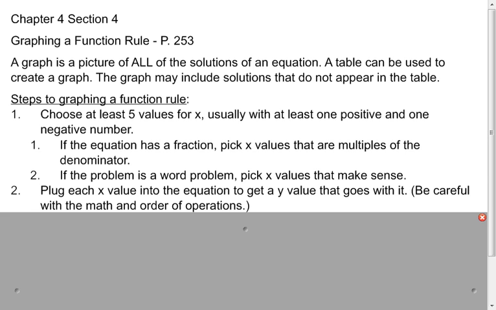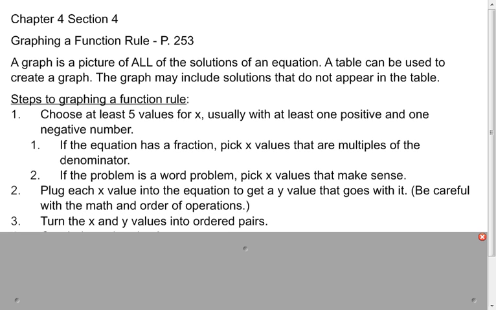You're going to take each of your x values, you're going to plug the x value into the equation, and when you get an answer, that's going to be your y value that goes with it. So now that you picked your own x's, you figure out the y's that go with each x. Make sure at this step you're careful with math, order of operations, things like negative signs and stuff like that also.